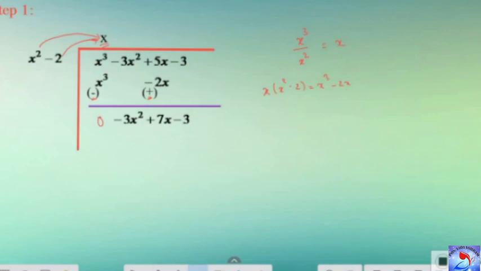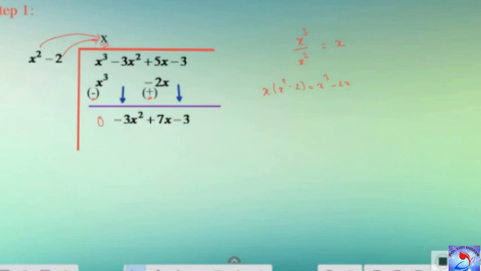I have the term minus 3x square, so that is brought down here. Similarly, I have one more term, minus 3, that is also brought down here. So we have got minus 3x square plus 7x minus 3 as a dividend for the time being.